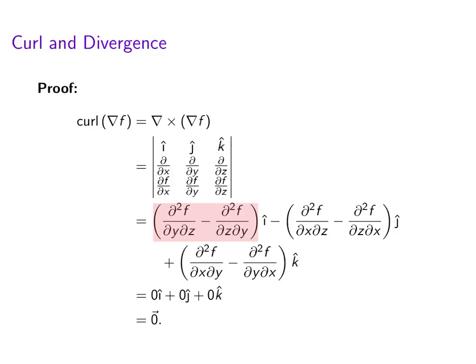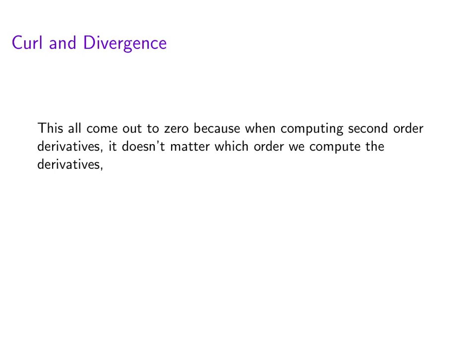So all of these things come out to zero. And if you'll remember, we have a theorem that says that exactly that thing happens. So it all comes out to zero because when we compute second-order partial derivatives, it doesn't matter what order we compute the derivatives. That's what Clairaut's theorem told us.